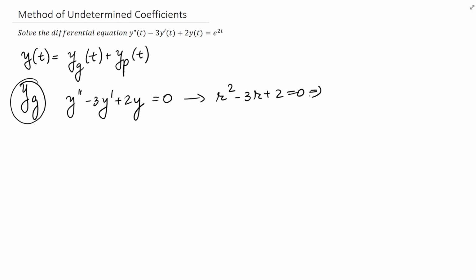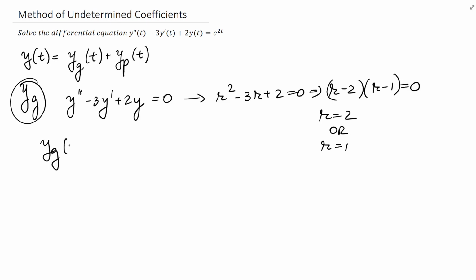We can use the quadratic formula, or we can notice that it's factorable, so it's r minus 2, r minus 1, which means r equals 2 or r equals 1. That means the general solution, or the solution to the homogeneous equation, is c1 e to 2t plus c2 e to t. Now let's start talking about the particular solution.